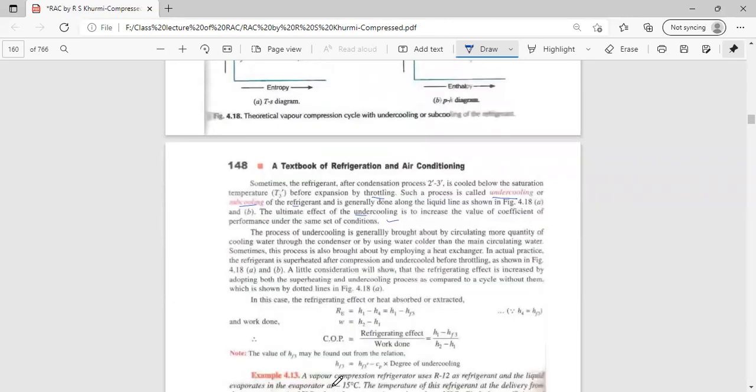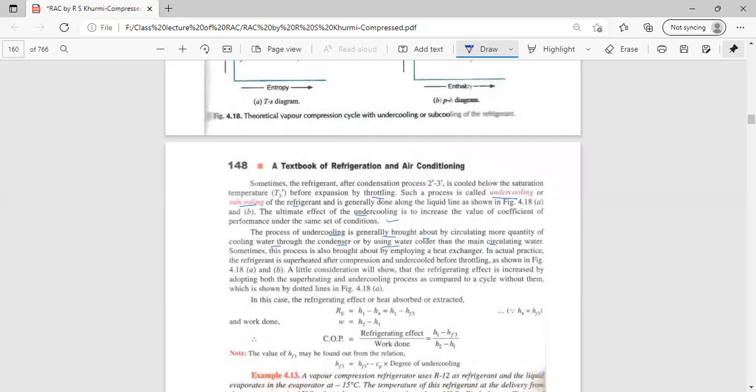How much undercooling is done, you have to calculate. The process of undercooling is generally brought about by circulating more quantity of cooling water through the condenser, by using water cooler than the main circulating water.